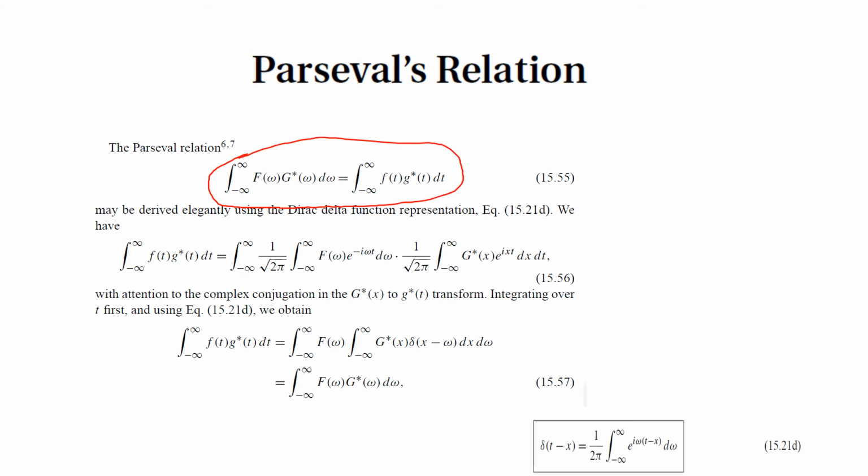So in order to prove this, we are using the help of a Dirac delta function. Let us start from the right side of Parseval's relation, the integral from minus infinity to plus infinity of f of t g star t dt, where g star t represents the complex conjugate of a function.